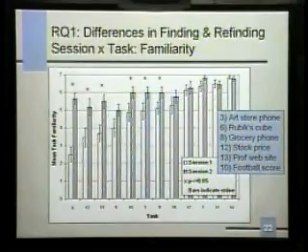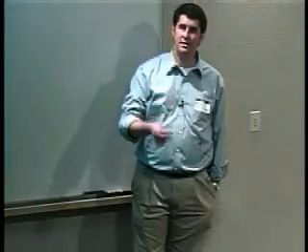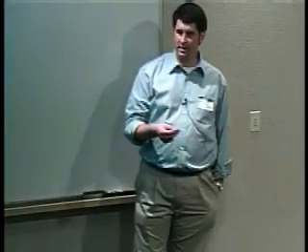But it's also possible that people may feel more familiar with a task, but not necessarily have a timing improvement. And that's actually an interesting point, because time doesn't always tell you everything you need to know. Just because somebody performs faster on a task doesn't mean that they had a better experience with that task. And so, familiarity may get at some of that.